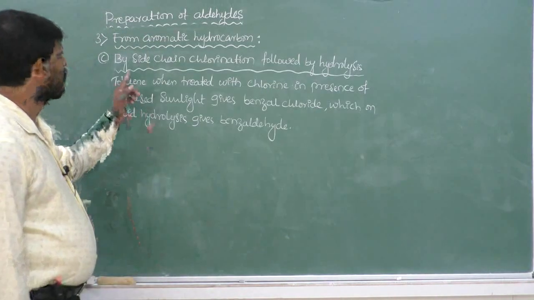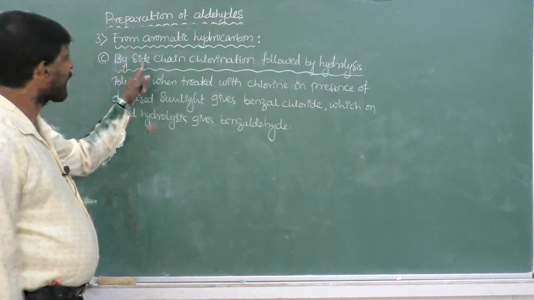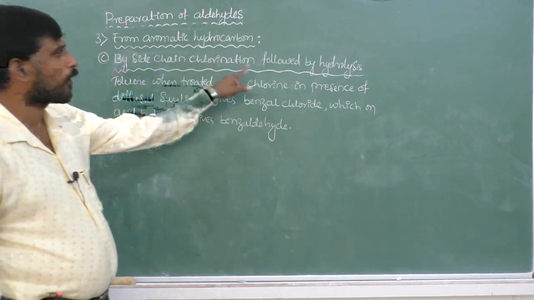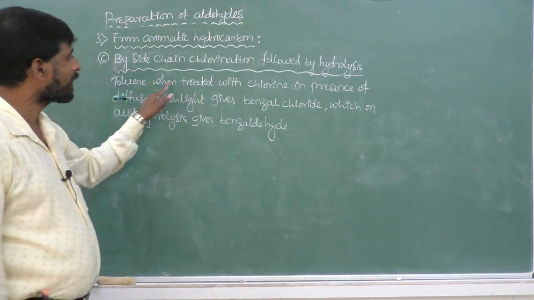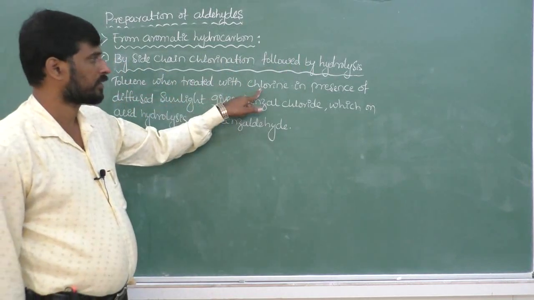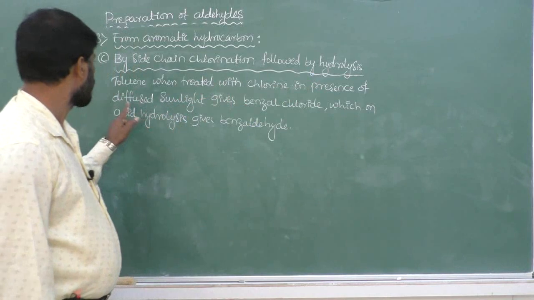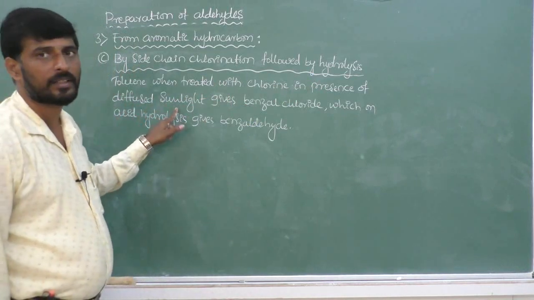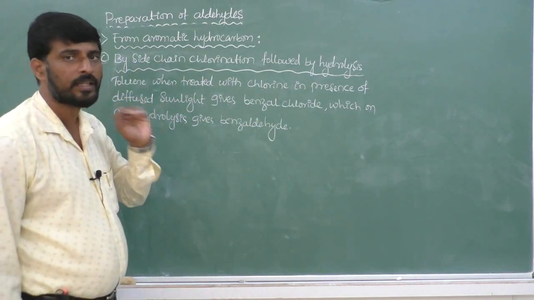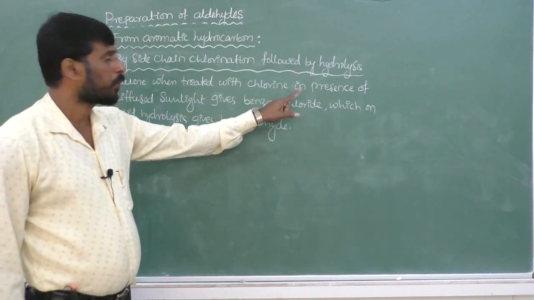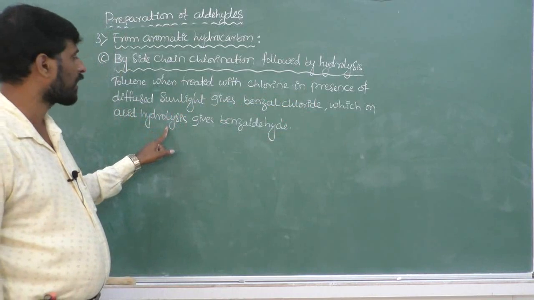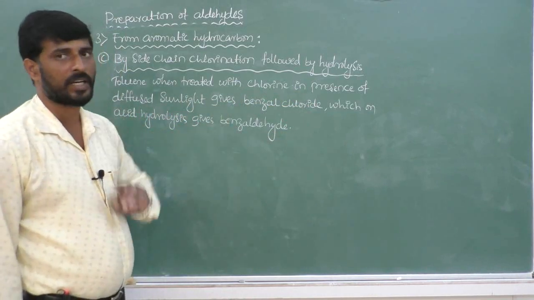Okay, next we will move on to side chain chlorination followed by hydrolysis. Toluene, when treated with chlorine in presence of diffused sunlight, the diffused sunlight means dull sunlight, gives benzal chloride, which on acid hydrolysis gives benzaldehyde.